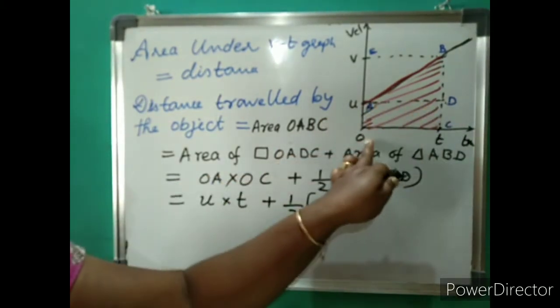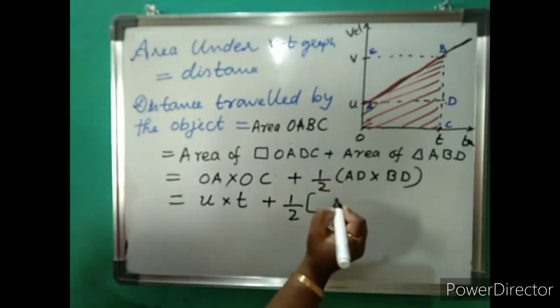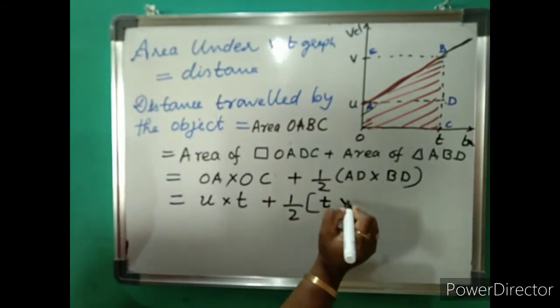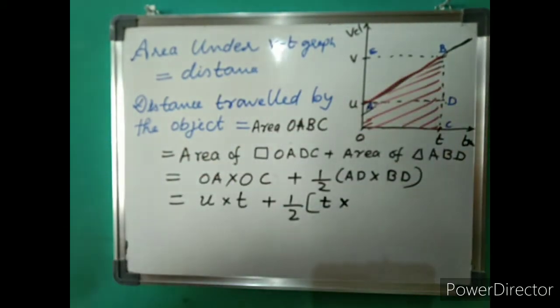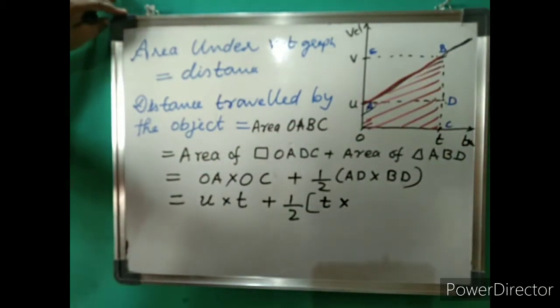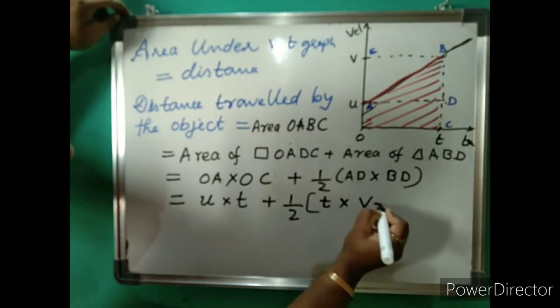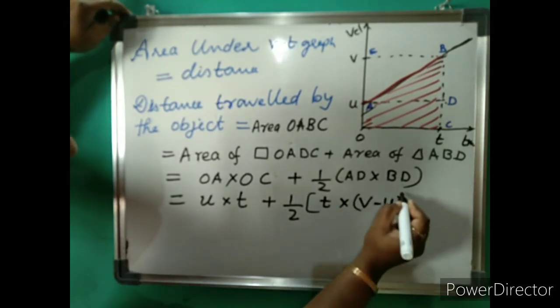AD is equal to OC, that is t, into BD. BD is equal to v minus u.